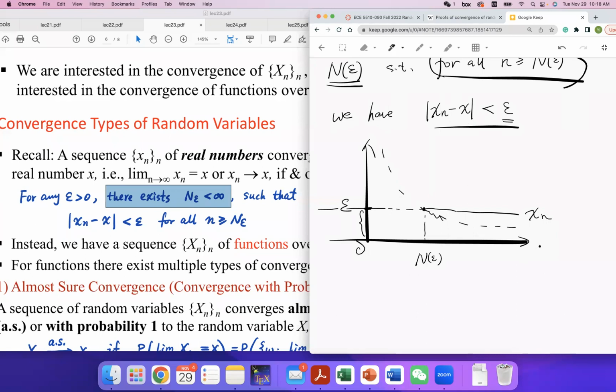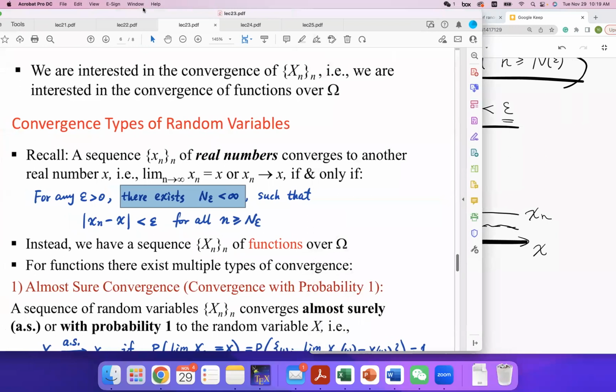In this case, x is 0, on the x-axis. Because this epsilon can be arbitrarily small, if you push it arbitrarily close to 0, the sequence gets closer and closer to x, and eventually converges to x. So this is the precise definition for real numbers.